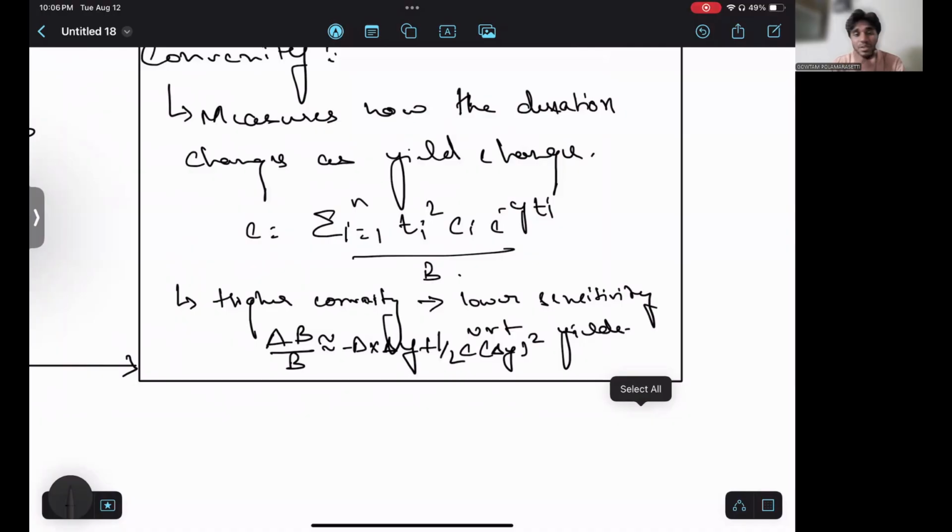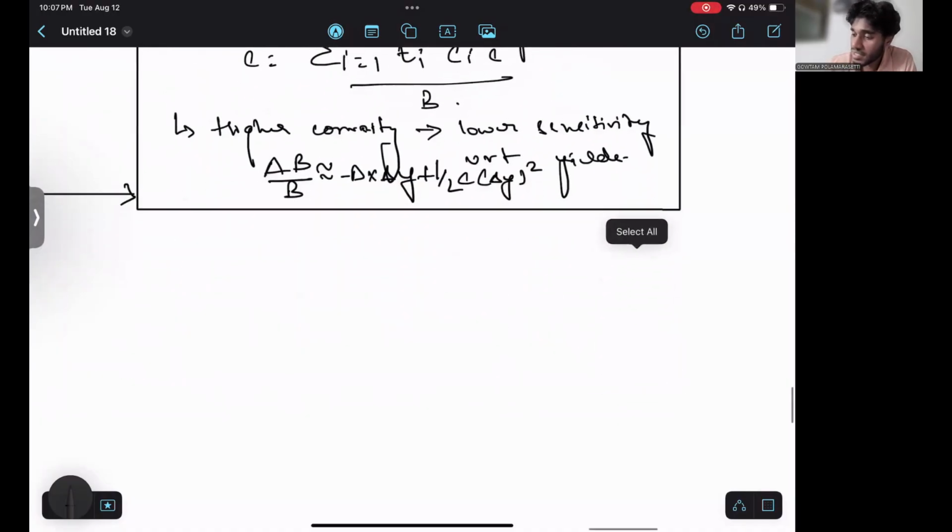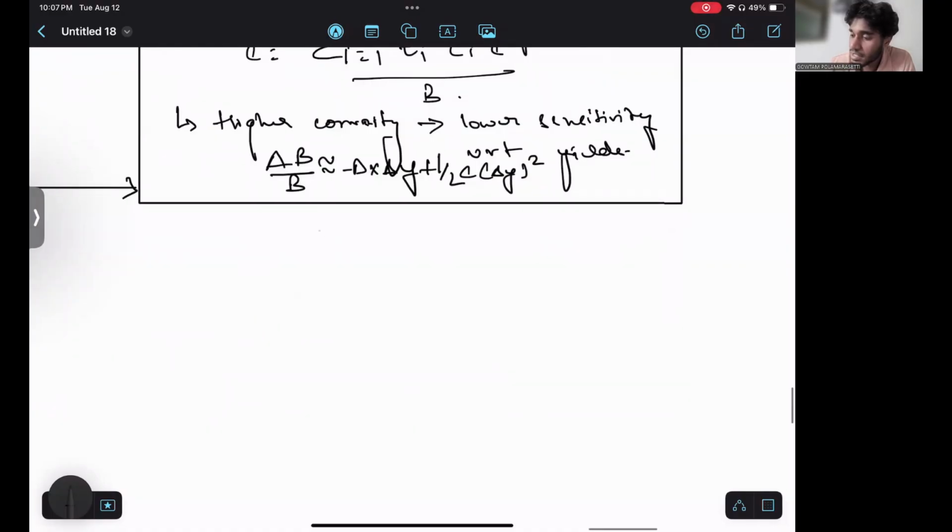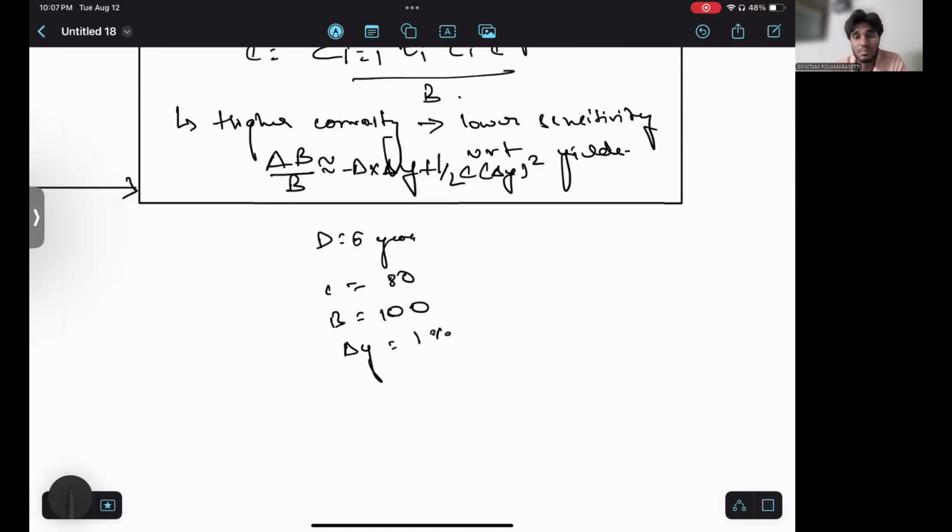Let's look at an example to understand this better. Suppose there's a bond with D equals 5 years, C equals 80. Convexity is a unitless measure, and B equals 100, and delta y equals 1%, or there's a change in yield by 1% in positive, 0.01.